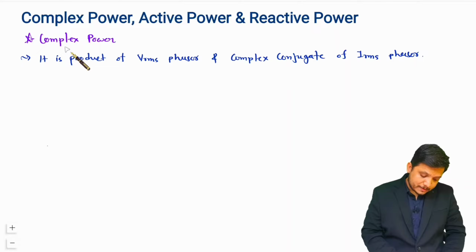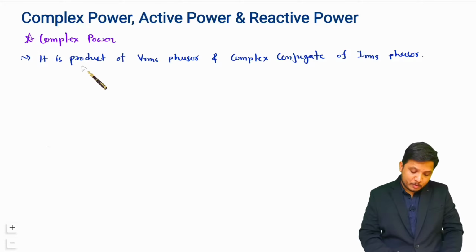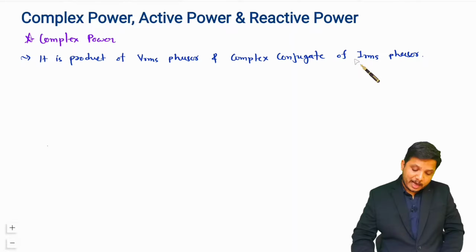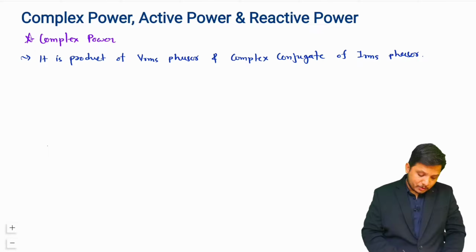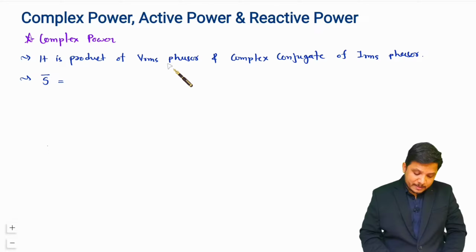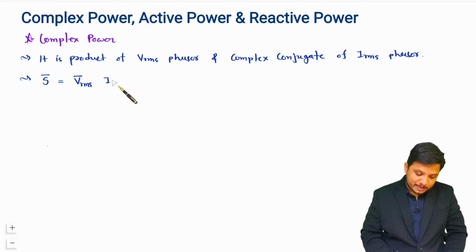Complex power is denoted by S bar, and it is the product of Vrms phasor and the complex conjugate of Irms phasor, which is represented by I star rms phasor.